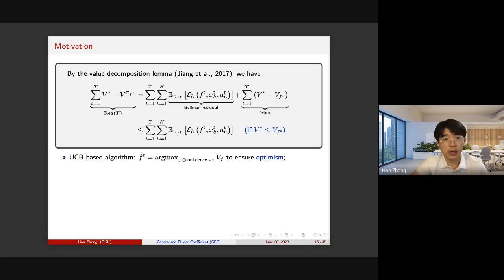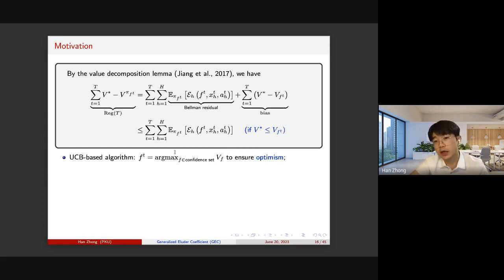I want to remark that this optimism condition can be achieved by some UCB-based algorithm. For example, you can construct a confidence set that contains the true model with high probability, and then you pick the most optimistic hypothesis from this confidence set, and this UCB-based algorithm can guarantee the optimism.